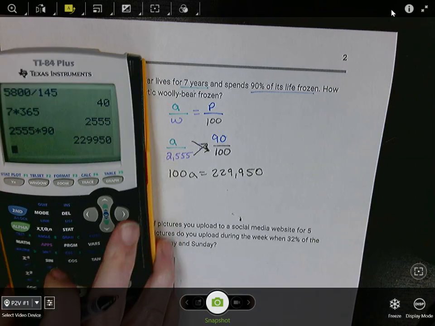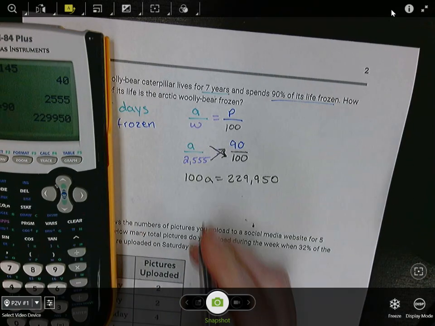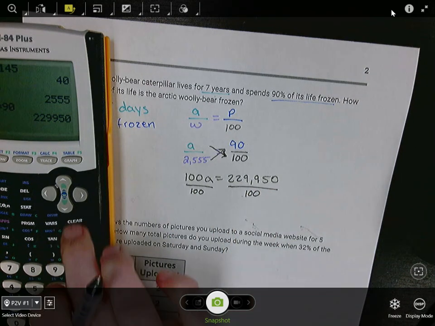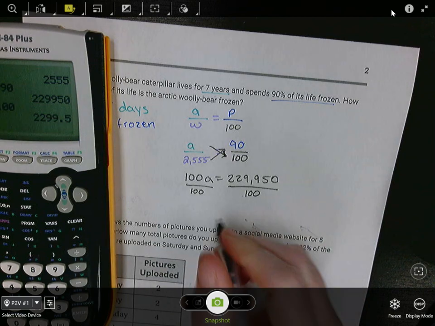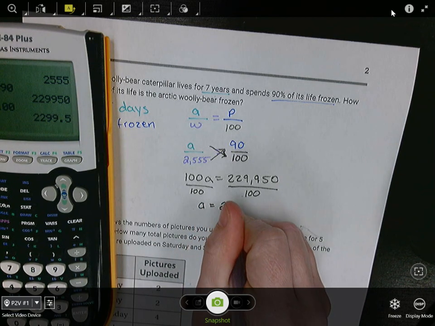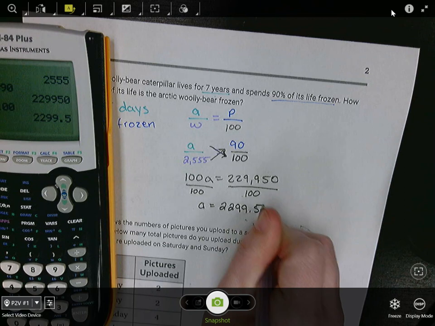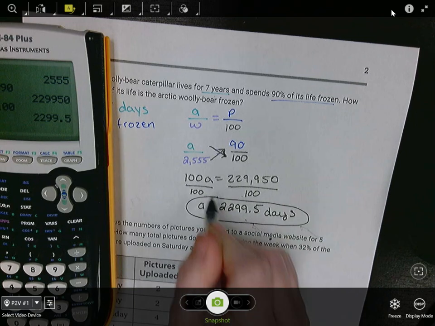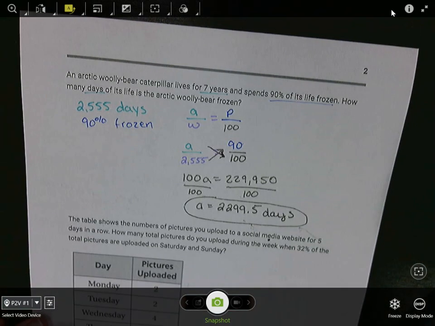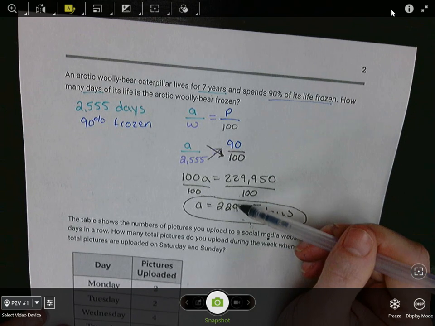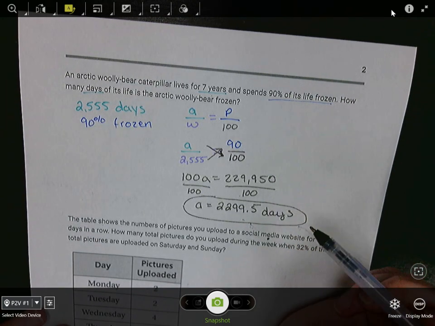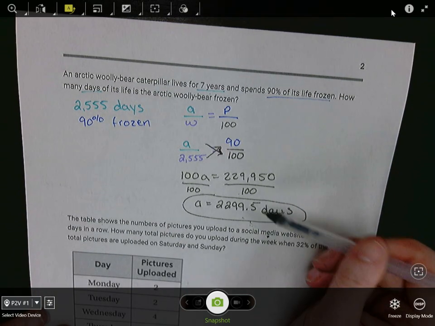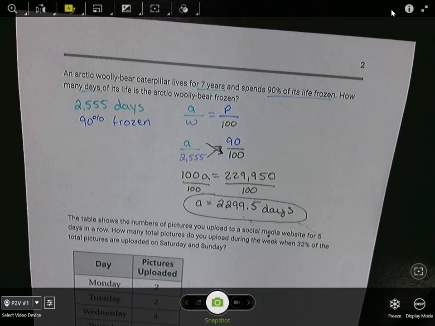Then we divide each side by 100, and for our part we get 2,299.5 days. So the Arctic woolly bear caterpillar is frozen 2,299.5 days out of 2,555 days. So out of 7 years, they are frozen that many days. And 0.5 just means half a day.